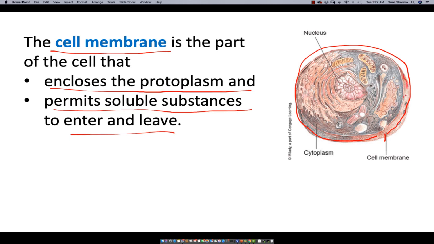It just covers the whole cell and protects all the organelles from leaving, and so only certain things that are permitted to come inside will come in, and then once the cell has produced certain proteins, certain hormones, certain lipids, and they need to be excreted into the bloodstream, then the cell membrane will allow those to exit as well. So that's your cell membrane.